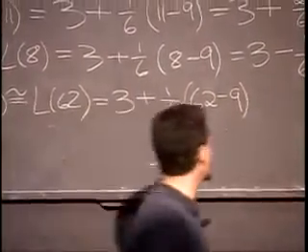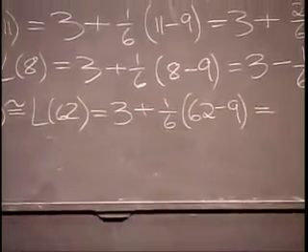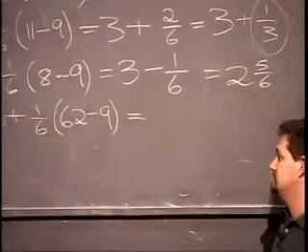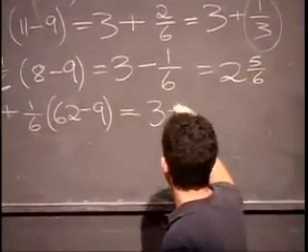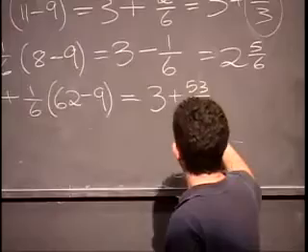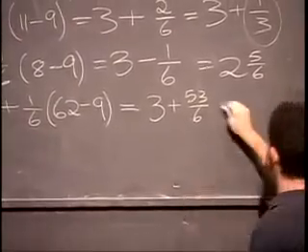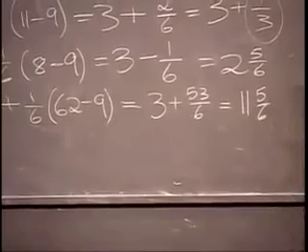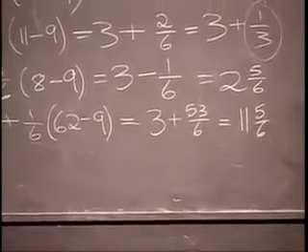And if you work that out, you get what? 62 minus 9 is 53. And that's actually a little less than 9, so this is 11 and 5/6. So according to this formula, the square root of 62 is about 11 5/6.